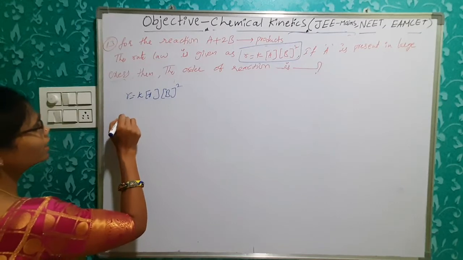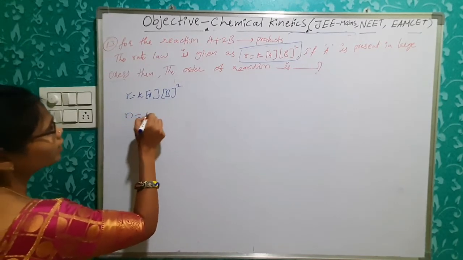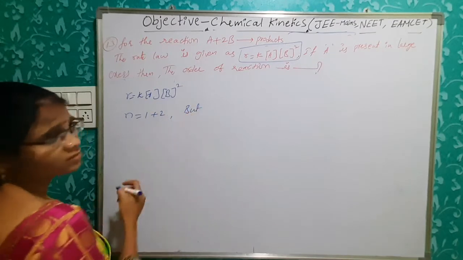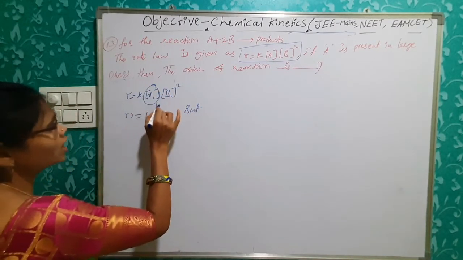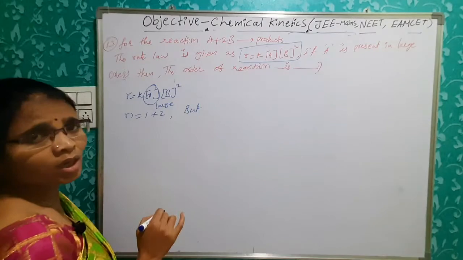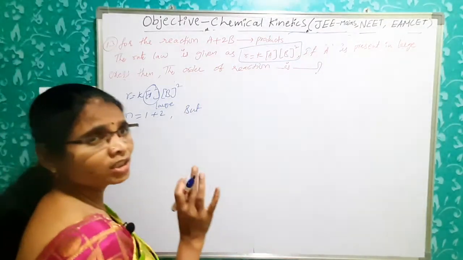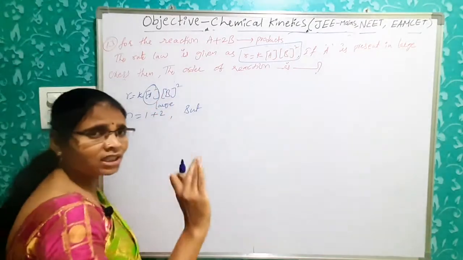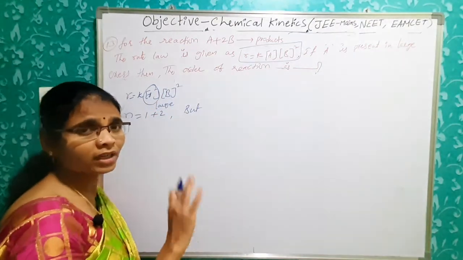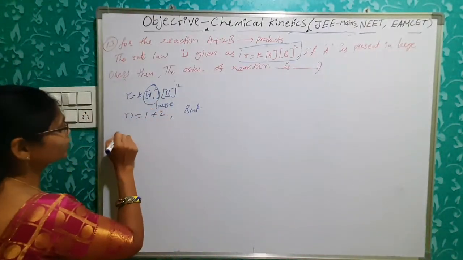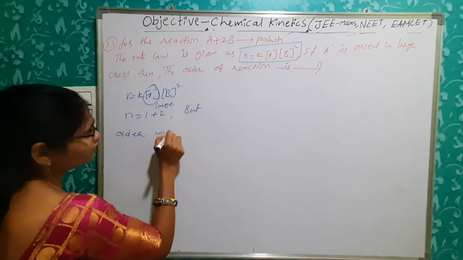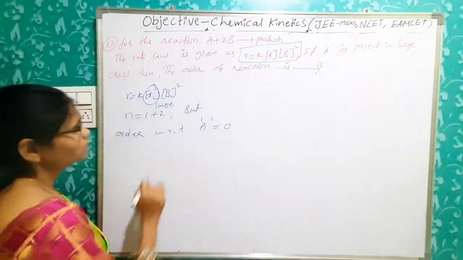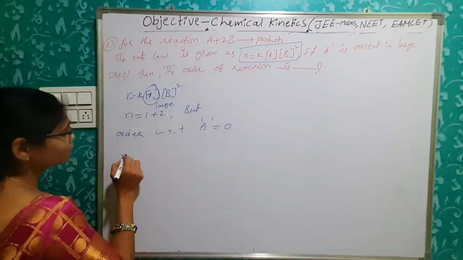Now order is what? 1 plus 2. But A concentration is in large excess. So large excess nothing but the rate of the reaction now does not depend on the excess concentration of the reactant. Clear? So that's why order with respect to A is 0. Then automatically order with respect to B is 2.